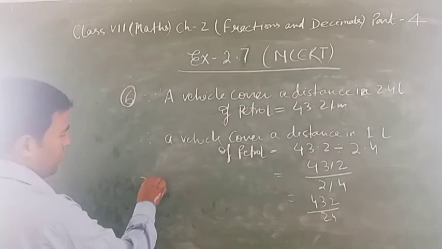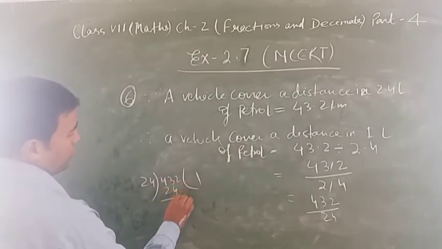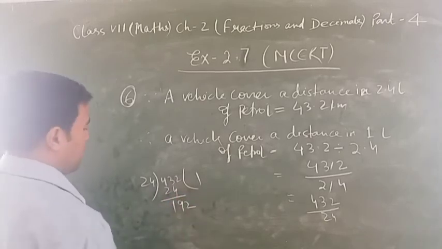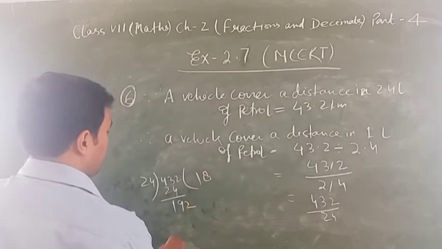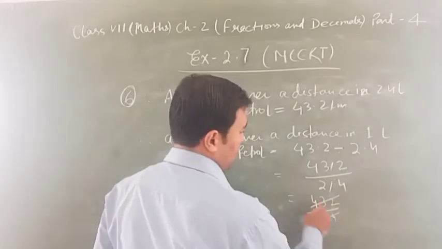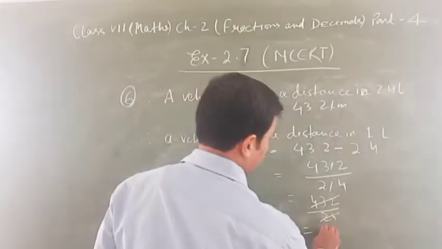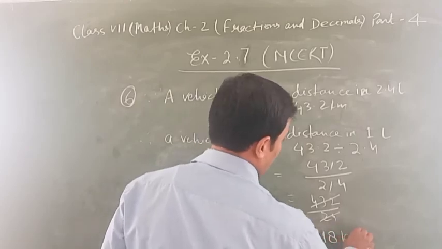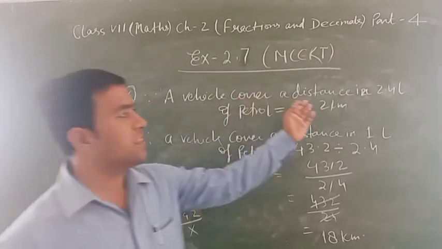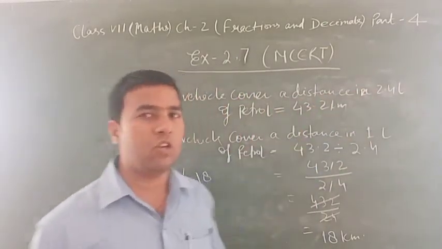Then divide. 24 1 is 24. After that, 24 8 is 192. Means when you divide it, how much? 18 kilometers.